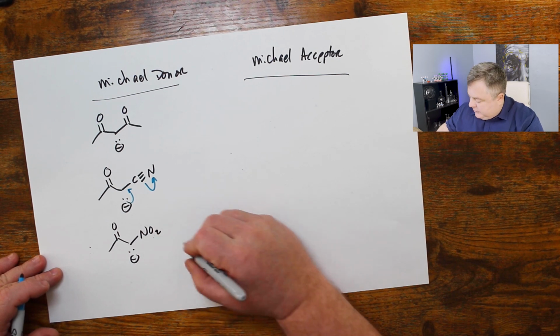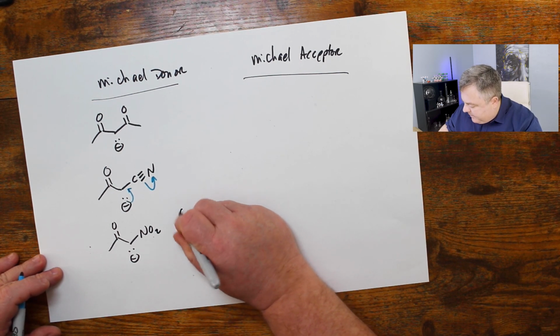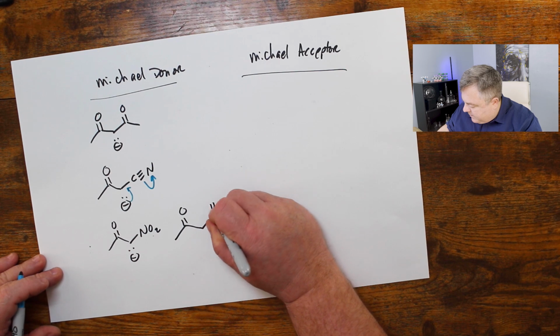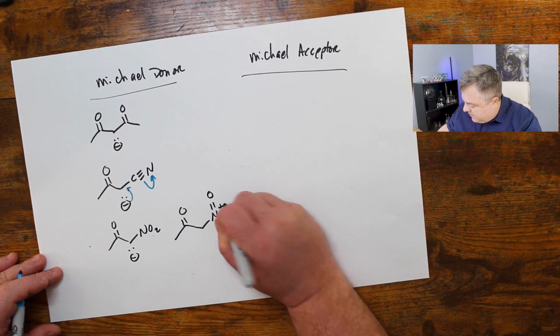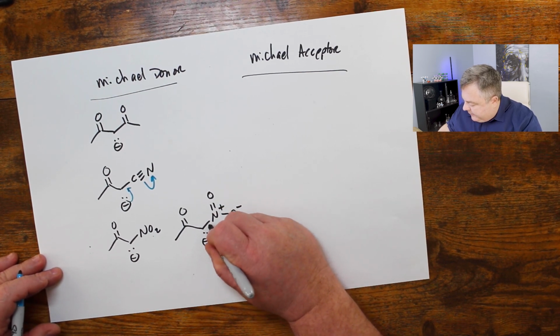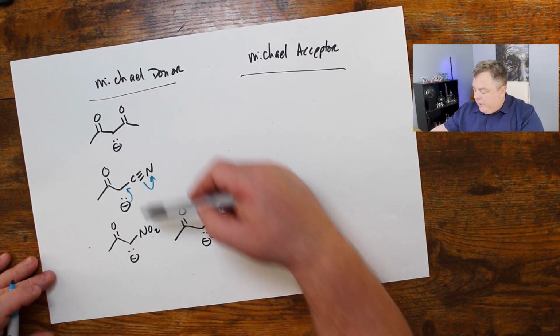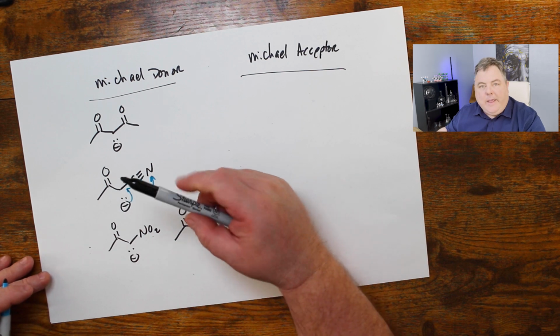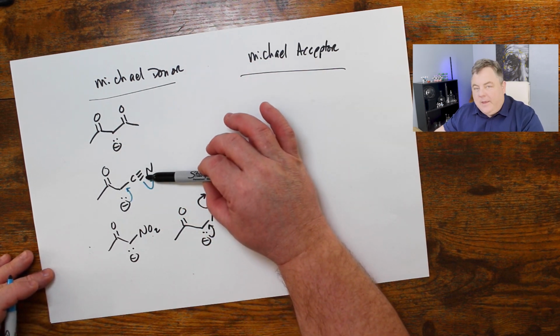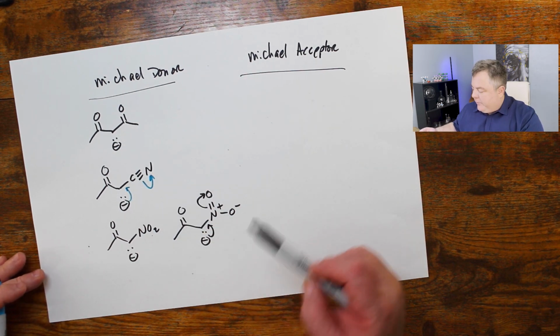Let me redraw the NO2 and you'll see why. That negative charge can go all the way up to that oxygen. So those are great spots to make a negative charge: between two carbonyls, next to cyano, or next to nitro groups.